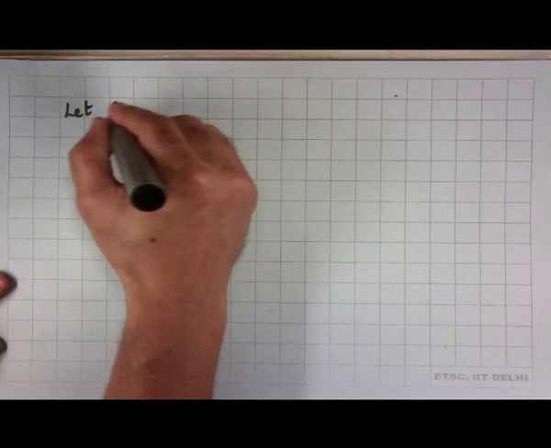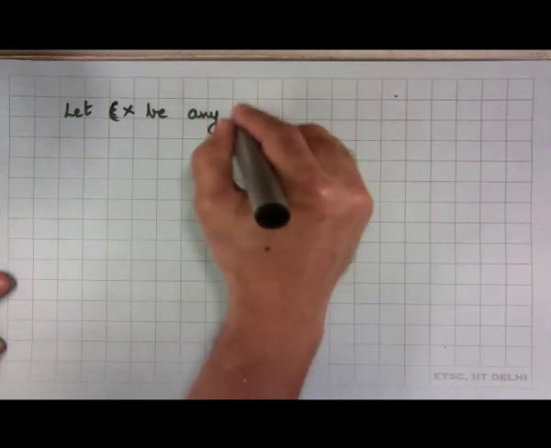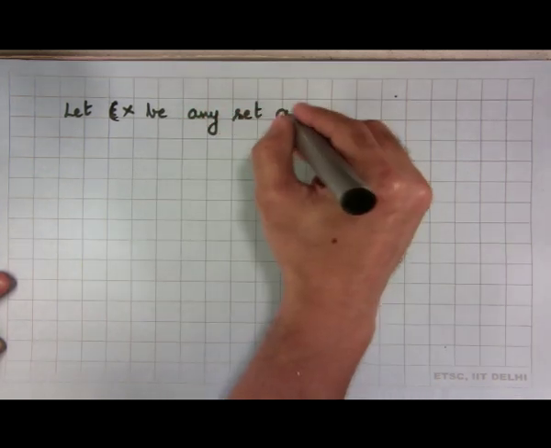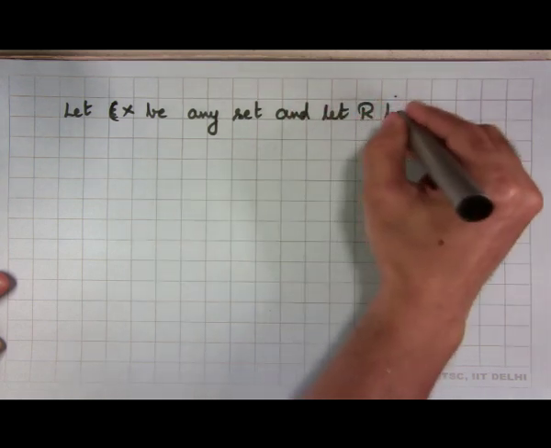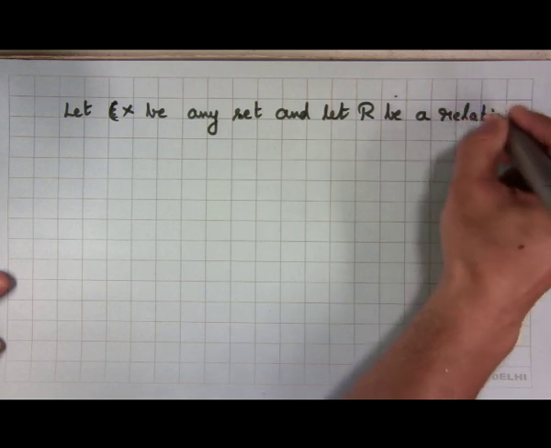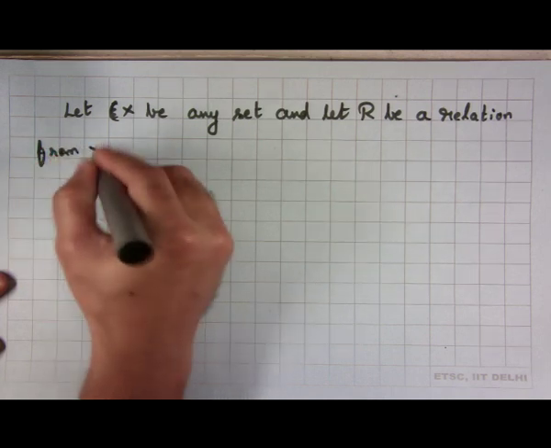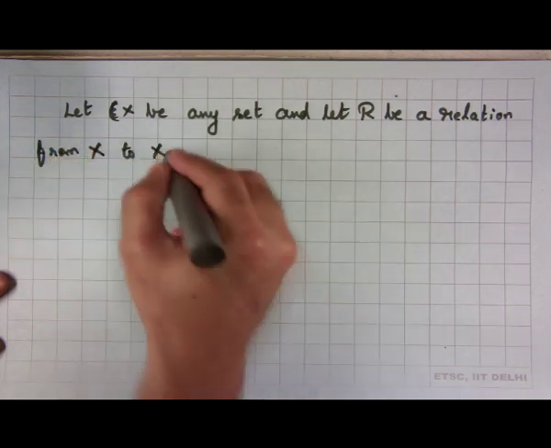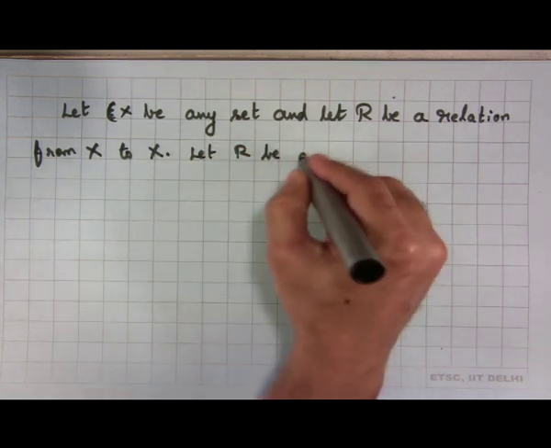So, let X be any set and let R be a relation from X to X. Let R be an equivalence relation.